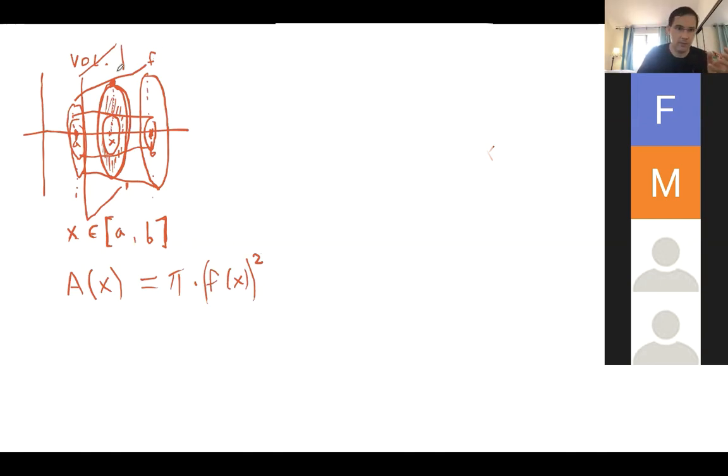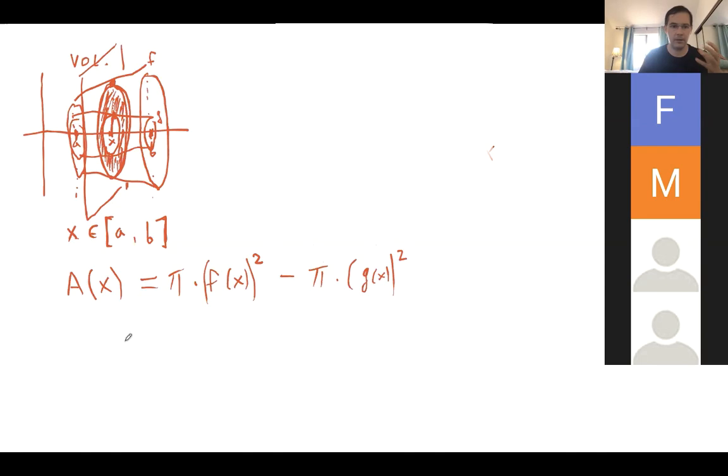That will give me the area of this whole circle, but I have to remove from that the middle small circle. So I have to say minus the area of the small circle. So this is pi times the radius of the small circle, which, if this function is called g, will be g of x, and then I have to square it. And this is exactly the area of this cross section that corresponds to this given point x.